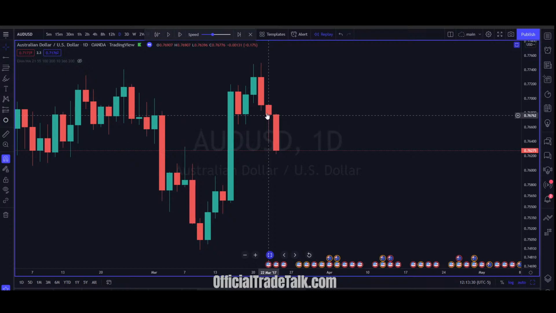But this is just a near-term pullback. So just pretend like this is your open, price makes a bearish expansion, then pulls back, closes at support. Next day, boom, continuation. So it's not buying pressure when you see these wicks, right?